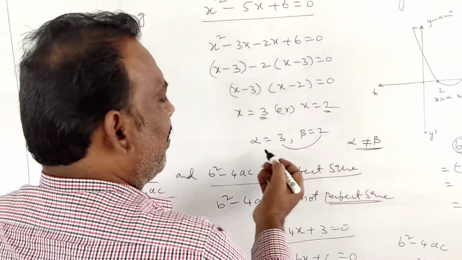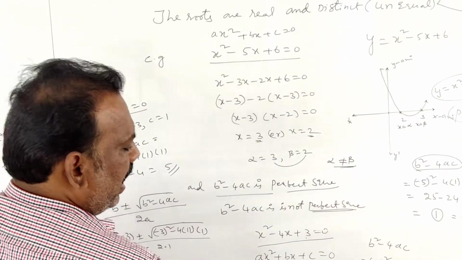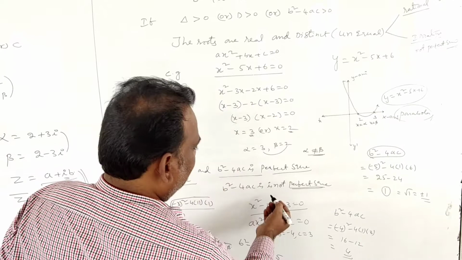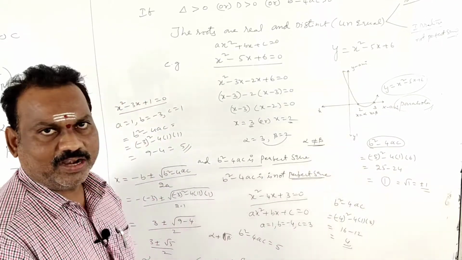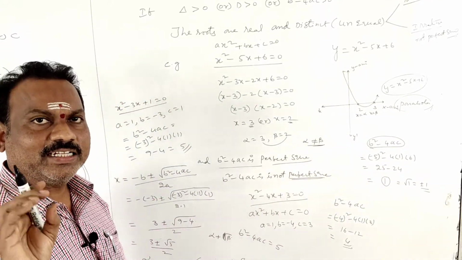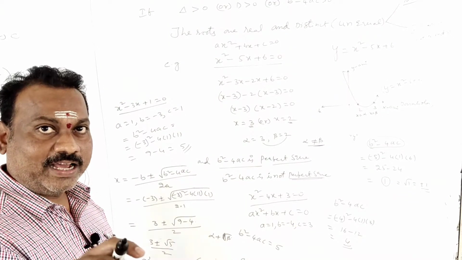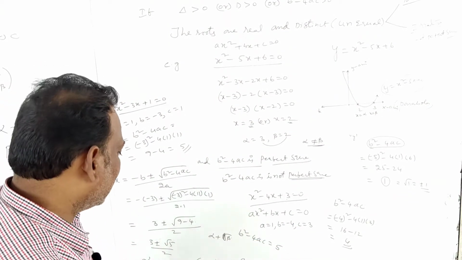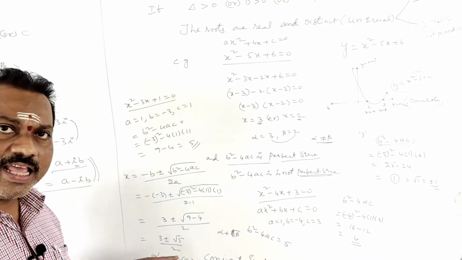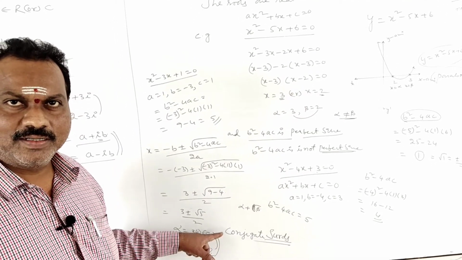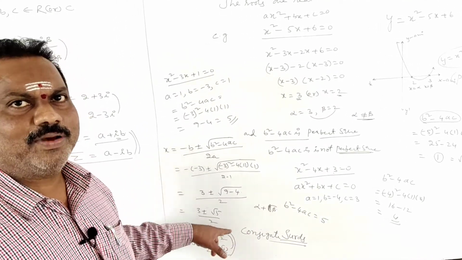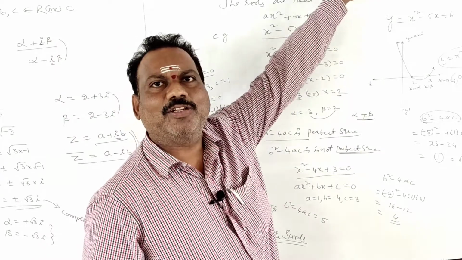If it is rational, you are getting alpha is equal to 3, 2 or 1. Here we are getting the roots 3, 1. Like 3, 1, 2, 3, you are getting rational numbers, unequal and real. Here also unequal, they are irrational numbers. Clear, students? Irrational numbers, rational numbers, both are in real numbers only.